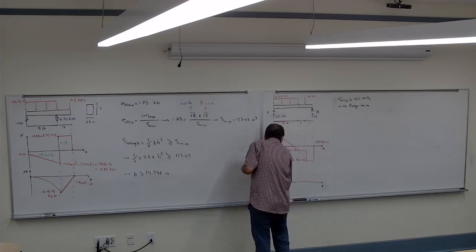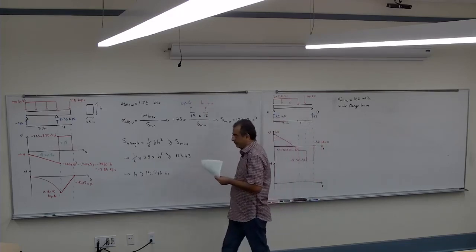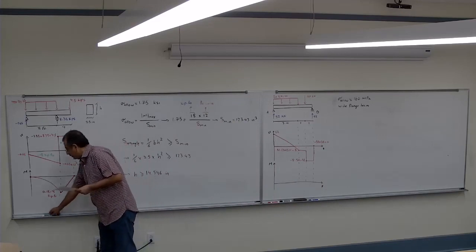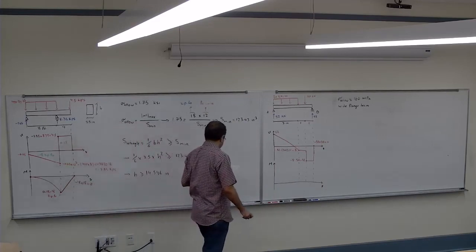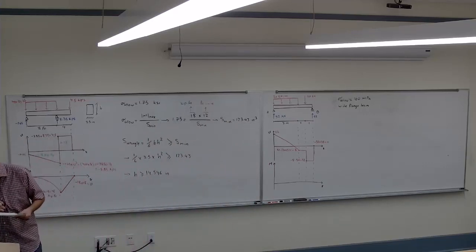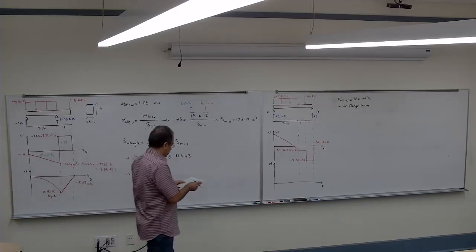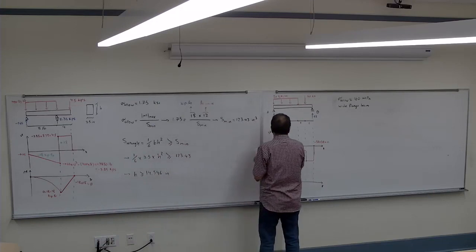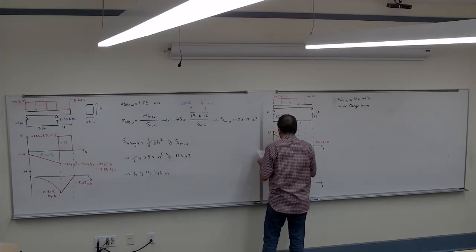Then I need to find the area underneath of each of them. Area here is going to be plus 67.6.